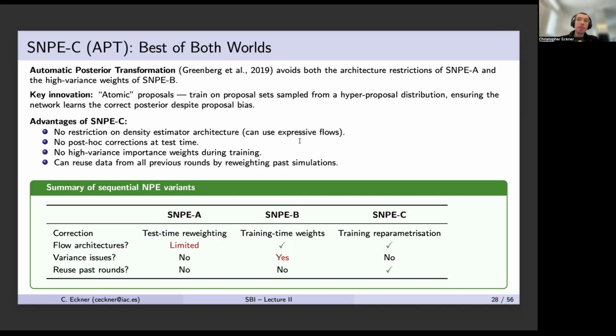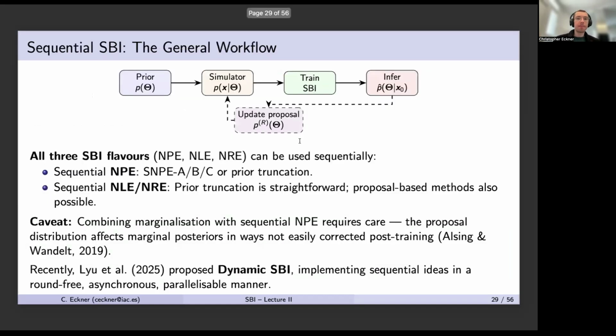So that this hyper proposal distribution is easy to evaluate and produces these importance weights that are not scattered across orders of magnitude. How this is done in a technical way, it's not so important, but you should retain here that it does both versions in a way that is numerically stable and that you can easily sample. Okay. And this is basically how you do it for neural posterior estimation.